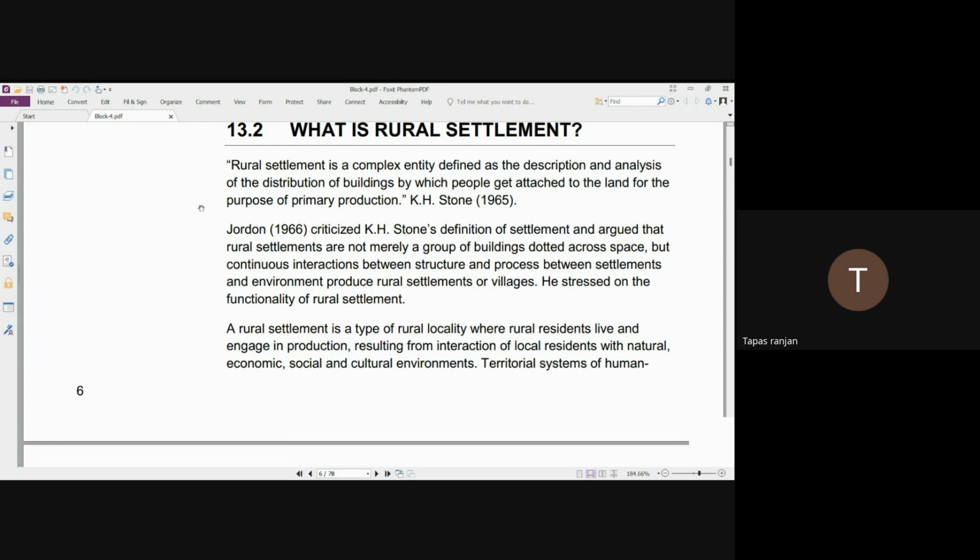Based on that, rural settlement has been defined here, and different elements have been taken. Depending upon the size of population, the location, and the different functions it is performing, we can simply define the rural settlement.